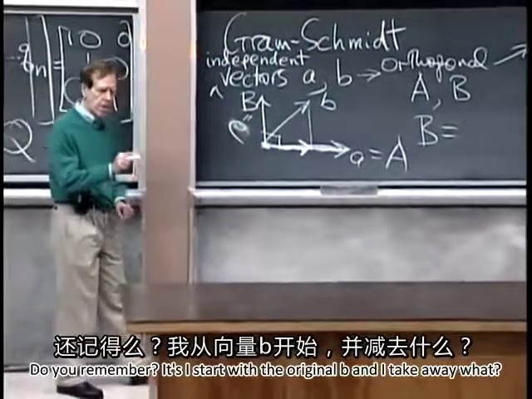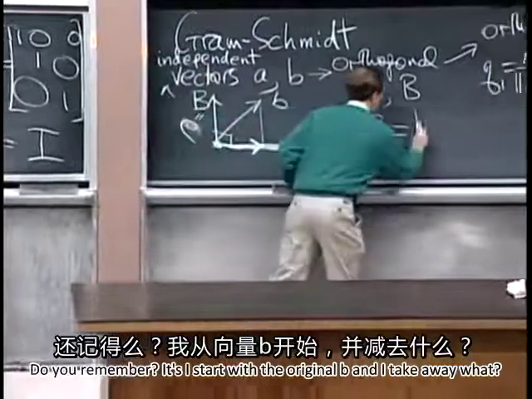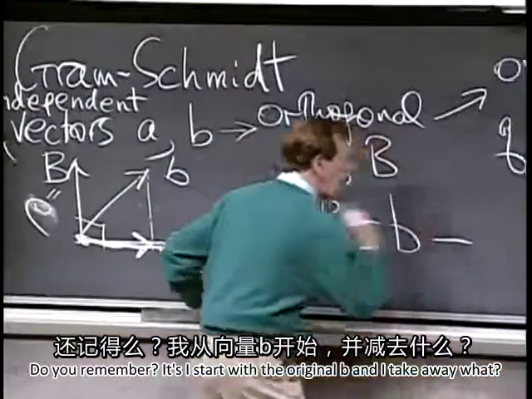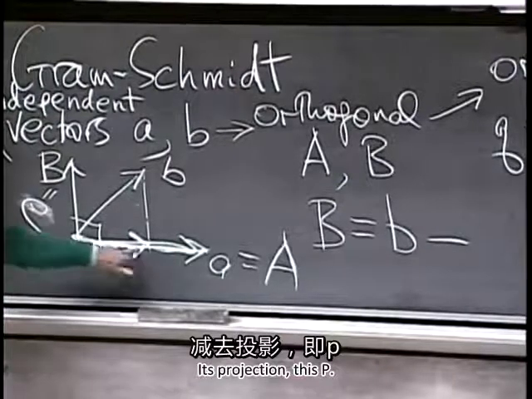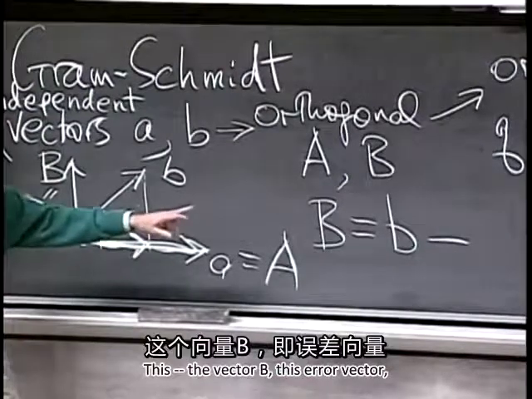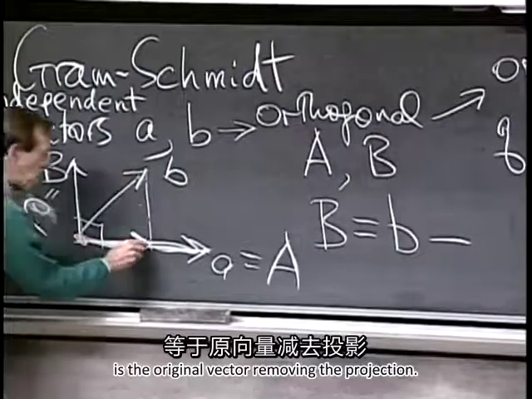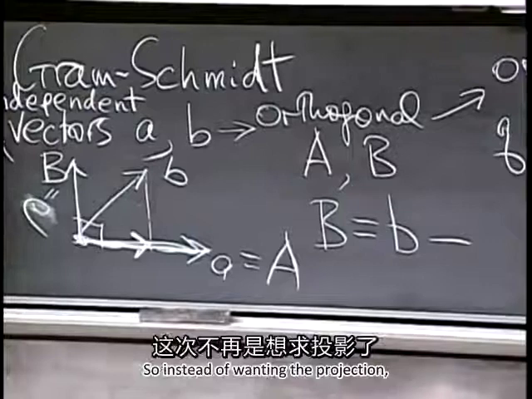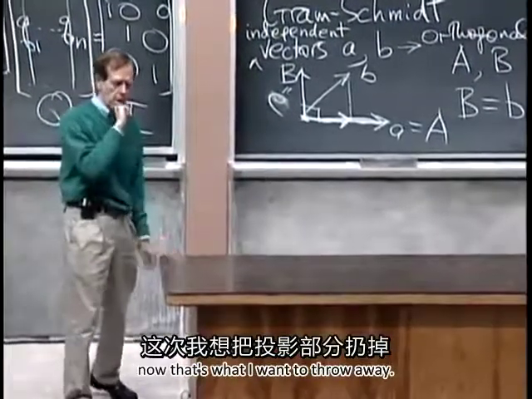Do you remember? I start with the original B, and I take away what? Its projection, this P. The vector B, this error vector, is the original vector removing the projection. So instead of wanting the projection, now that's what I want to throw away.